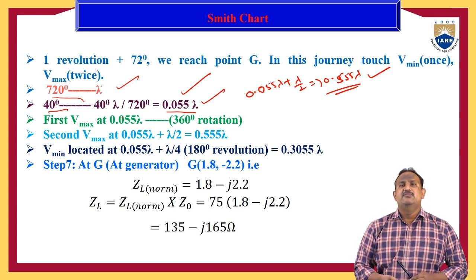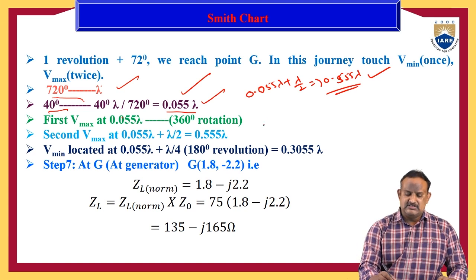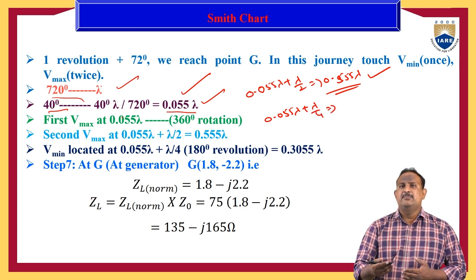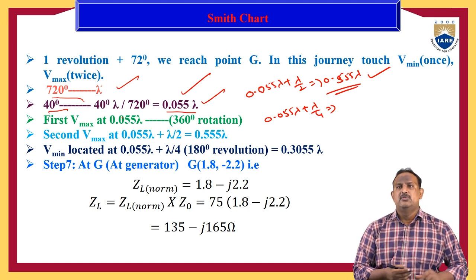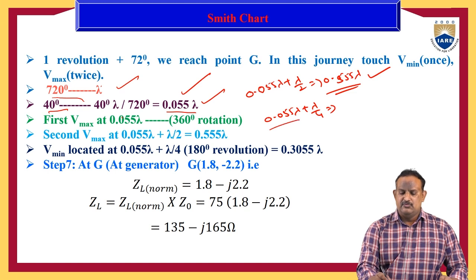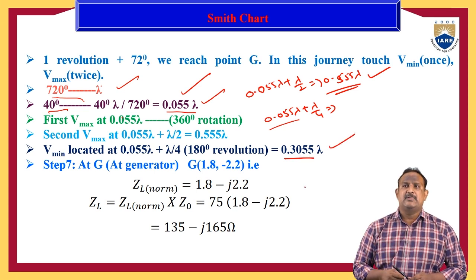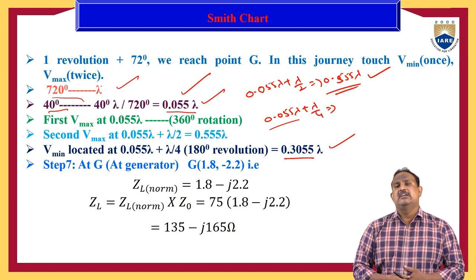Then we need to find out the Vmin distance. The Vmin distance is 0.055 lambda plus lambda by 4, because if we rotate 180 degrees from Vmax, we reach the Vmin. Therefore it is 0.3055 lambda, so the location of Vmin is 0.3055 lambda.